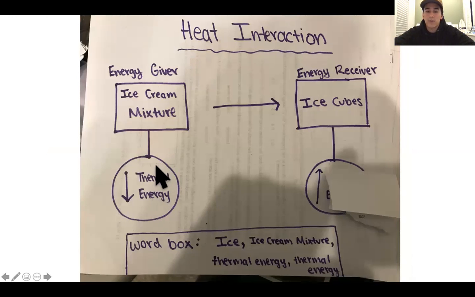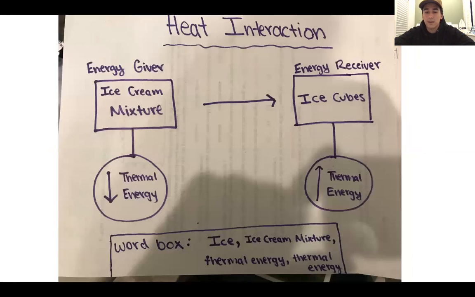So then if we think that the ice cream mixture lost its heat, then what did the ice cubes gain? What allowed the ice cubes to increase, or what allowed the ice cubes to melt? And that would be thermal energy. Okay, so remember, nothing is ever created or destroyed. Okay, it's just transferred.